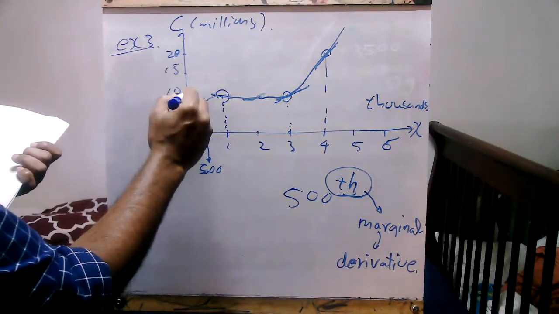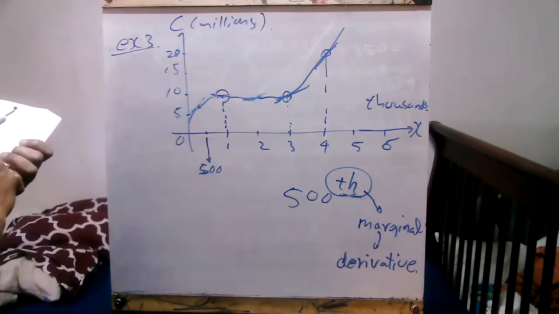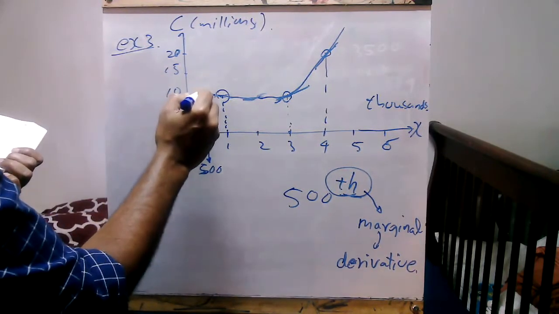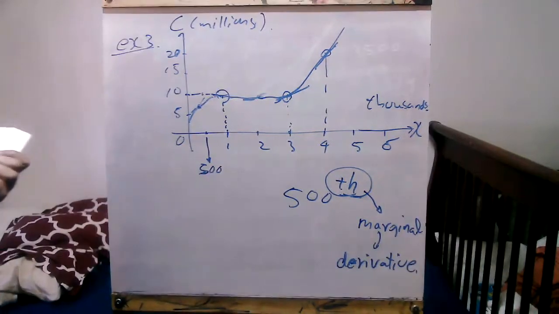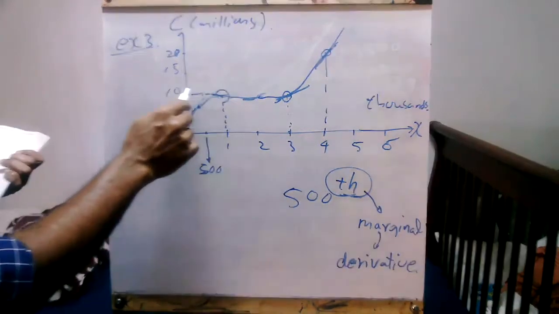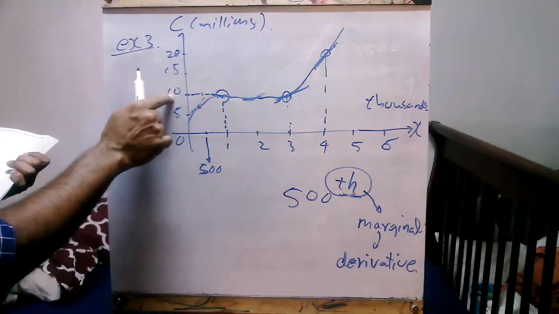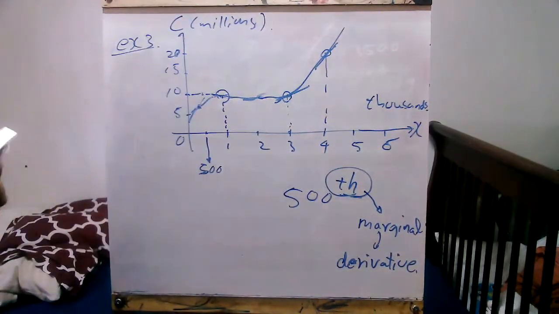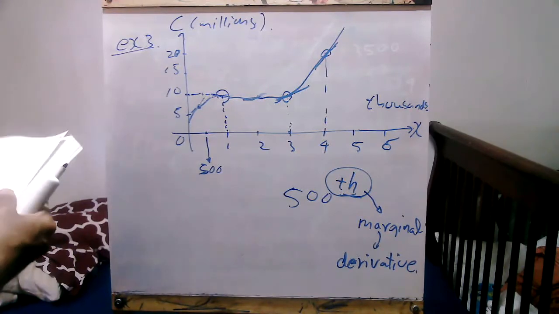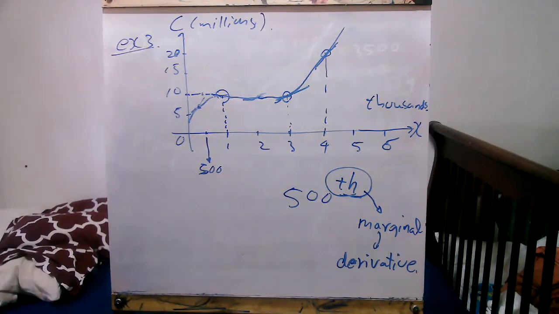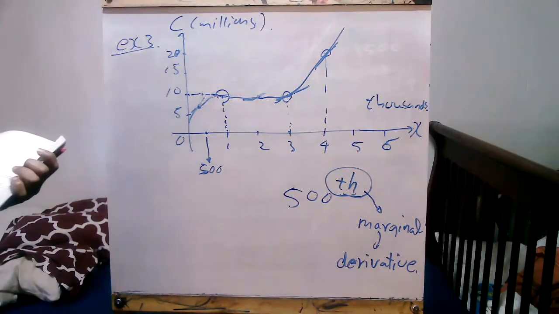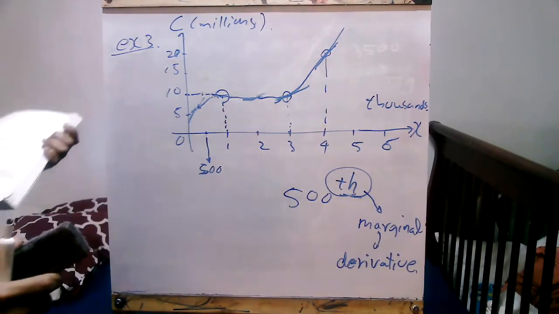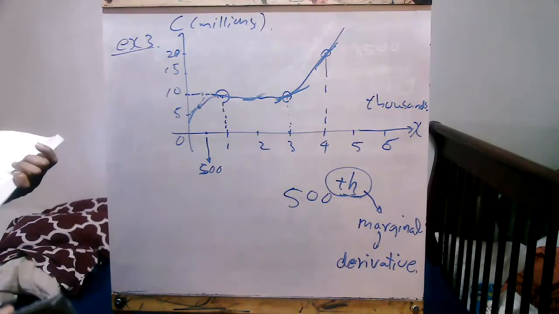The question just does not ask this, but if you want to find the cost at that level of 1000, the cost is 10 million. Okay, that's it for that question, right? I'm going to erase this.